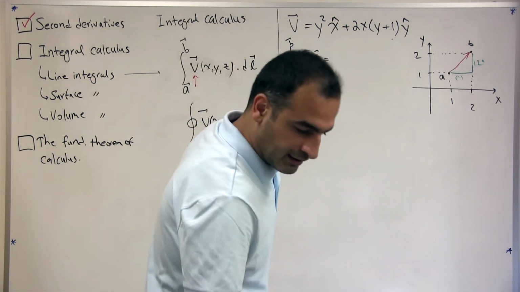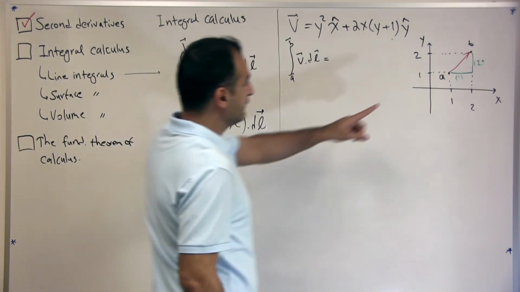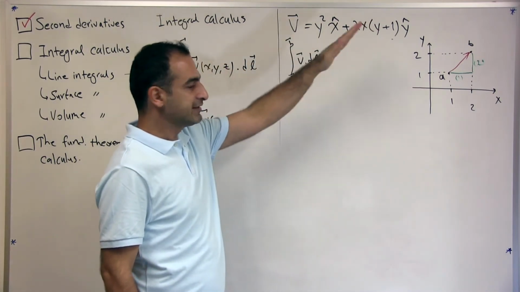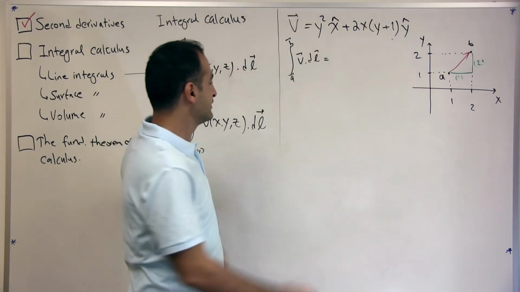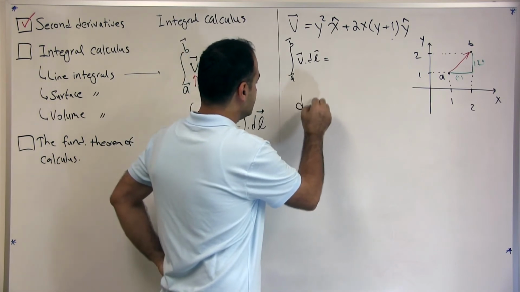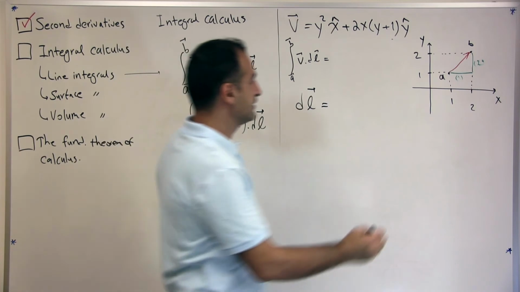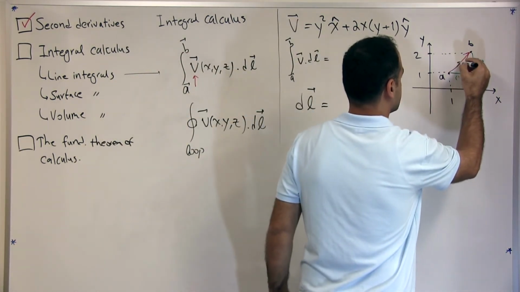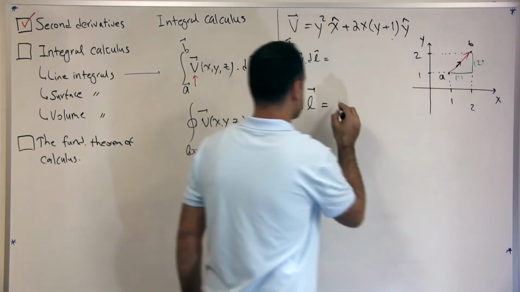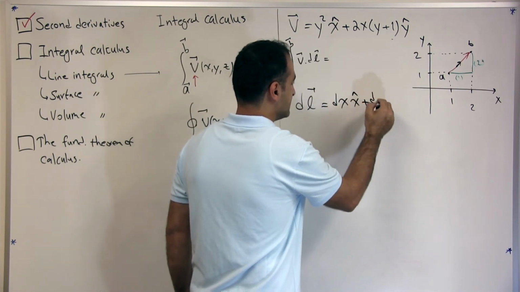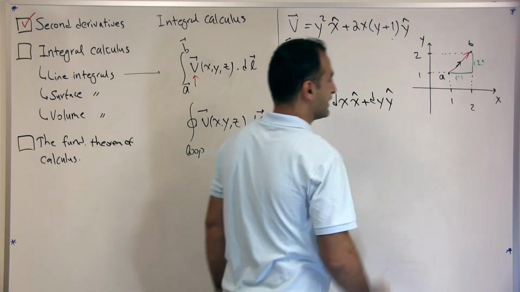Now think about this. If you want to go from A to B straight, you are going at 45 degrees, straight up. So the dl at each step is a vector in this direction, and that's going to be dx times x hat plus dy times y hat.